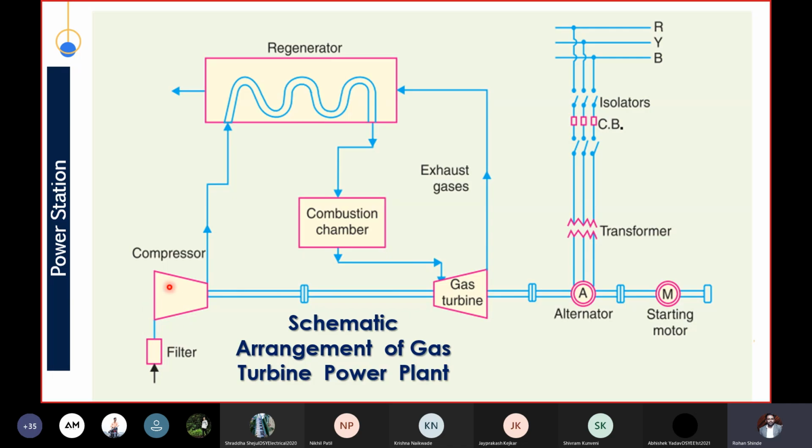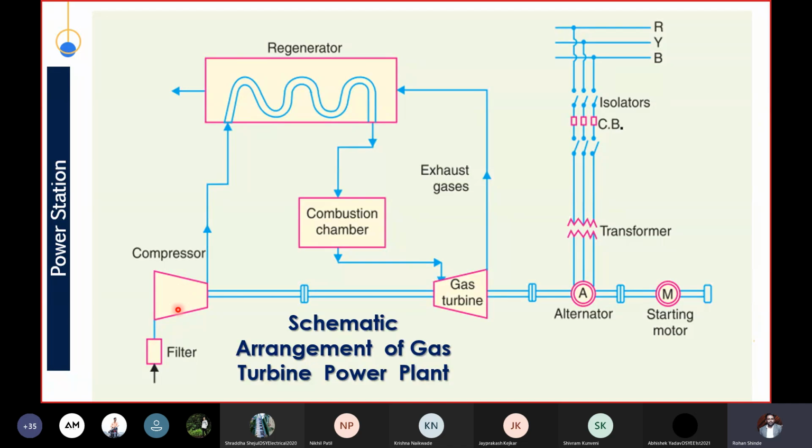See here, this compressor absorbs the air from the atmosphere with the help of a filter. This filter removes moisture as well as dust from the air. In this compressor, a rotatory part is there, and the air moves towards this position.